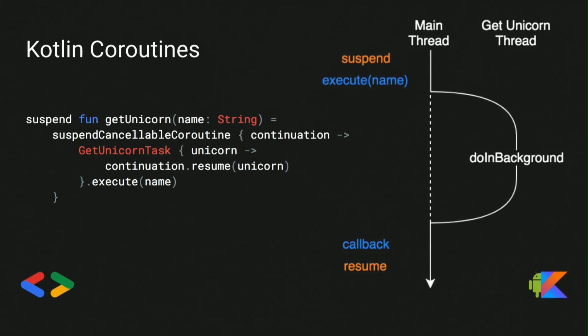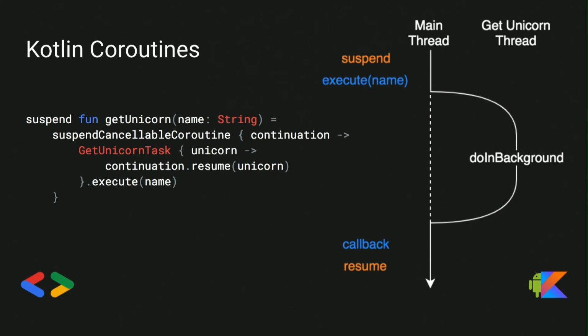What happens is when you first enter the function, you're still on the main thread. Now you suspend your coroutine, which is basically saying you're going to wait until your background execution finishes, come back and tell the coroutine to resume, to continue what it was doing before.